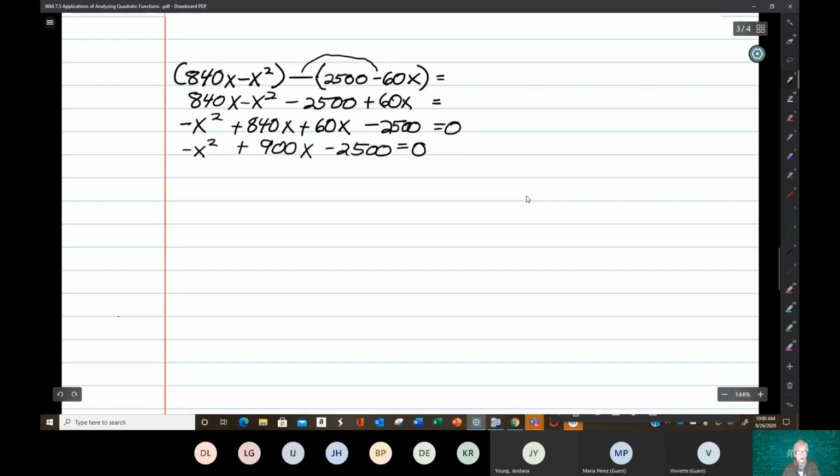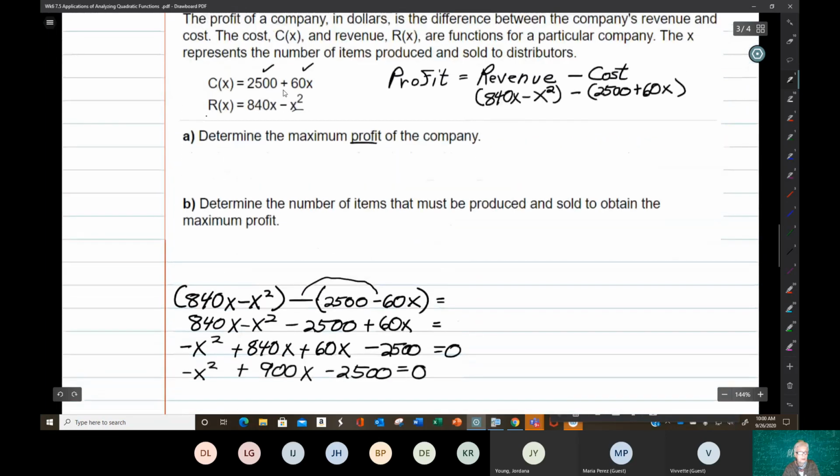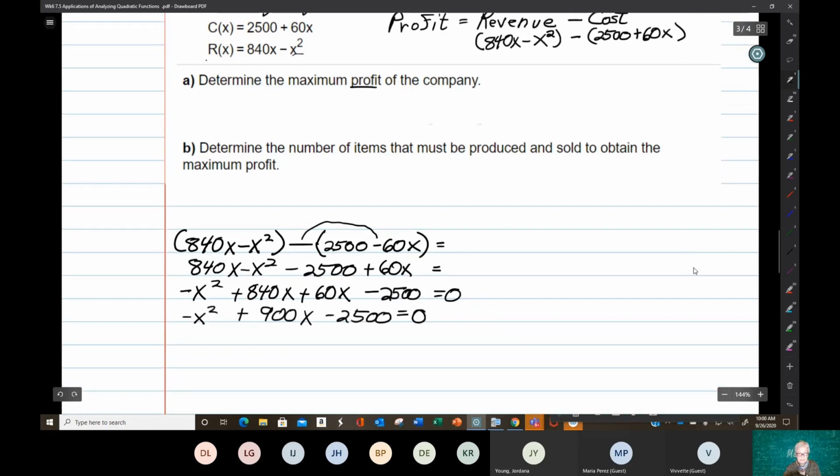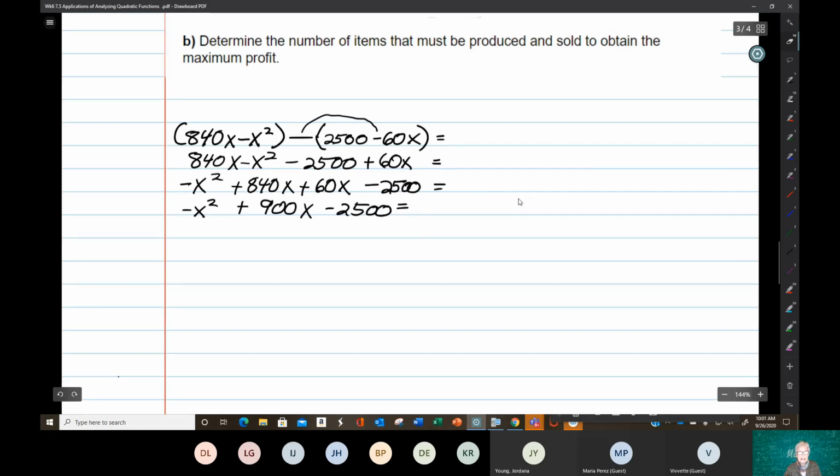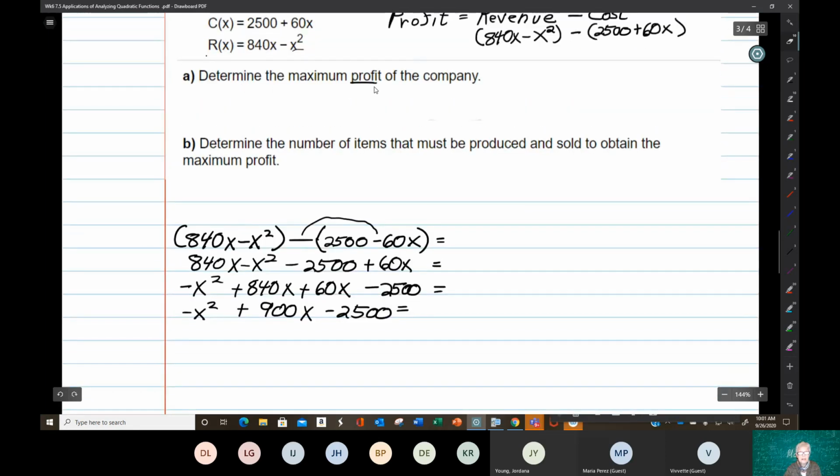So now we have our quadratic. Let me double check. Yes, so that'll be minus to both of them. Now, I don't know why I'm putting that 0, it's just habit. You see what habit can do to you? Because they're not asking about that. They're saying determine the maximum profit.